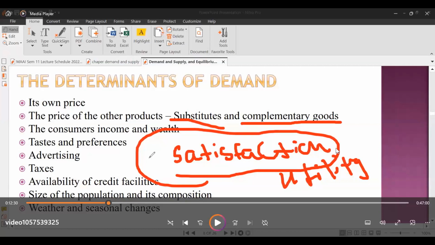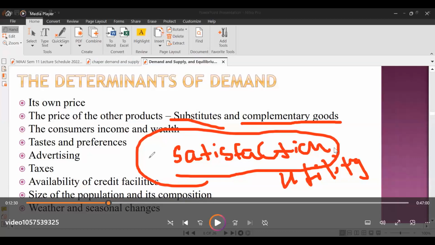That means before purchase, maybe sometimes if you already have a real need for Coca-Cola, normally you would purchase only that. But if Coca-Cola is 5,000, and Pepsi-Cola is only 200, then definitely maybe sometimes we purchase Pepsi-Cola, because it gives the same satisfaction, but there is a big difference in price.